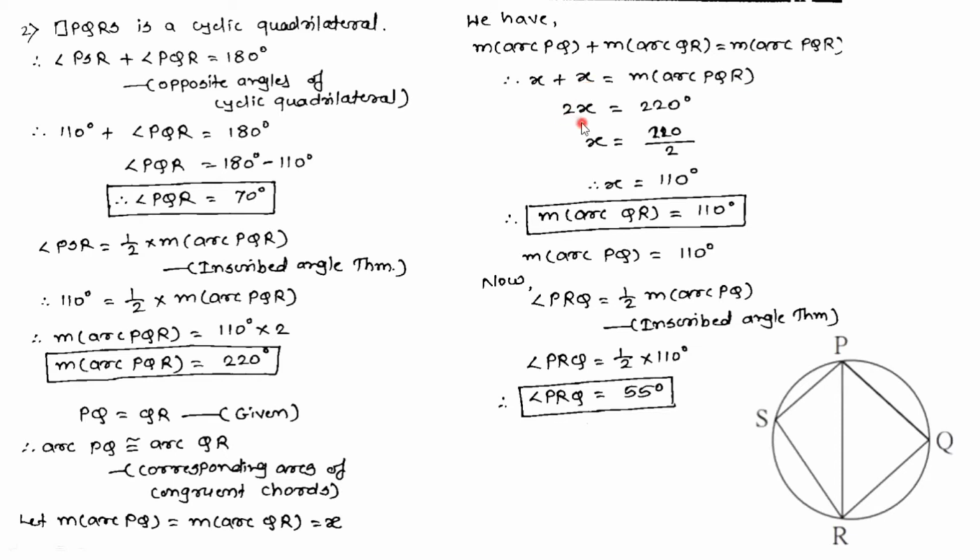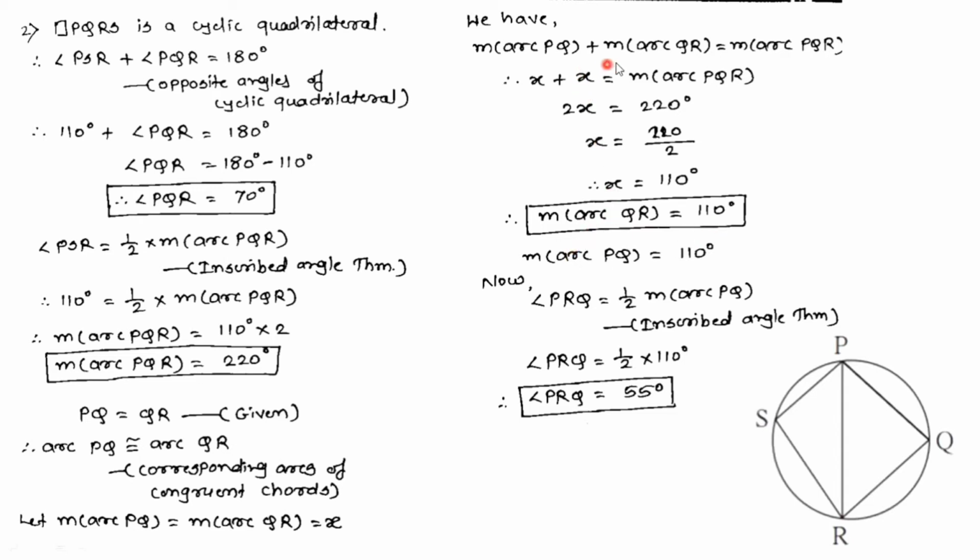So x plus x is 2x, that is equal to 220 degrees, because we have proved here the measure of arc PQR is 220. If we transfer 2 to the right hand side, it will be in the denominator to have 220 divided by 2. If we divide 220 by 2, we will get 110. So x is 110 degrees. That means the measure of arc QR is 110 degrees.